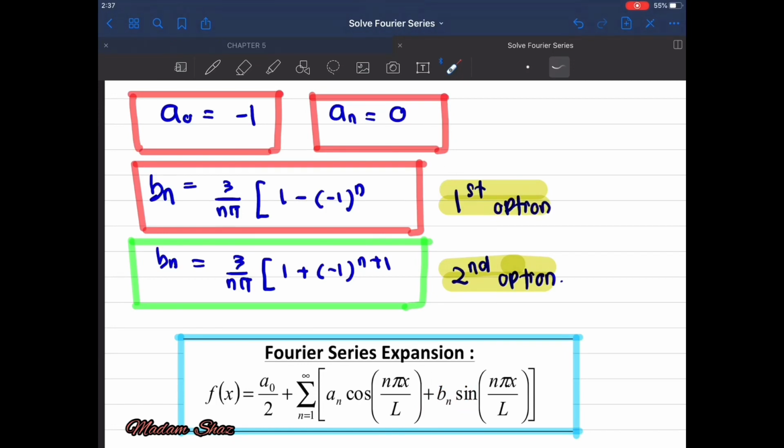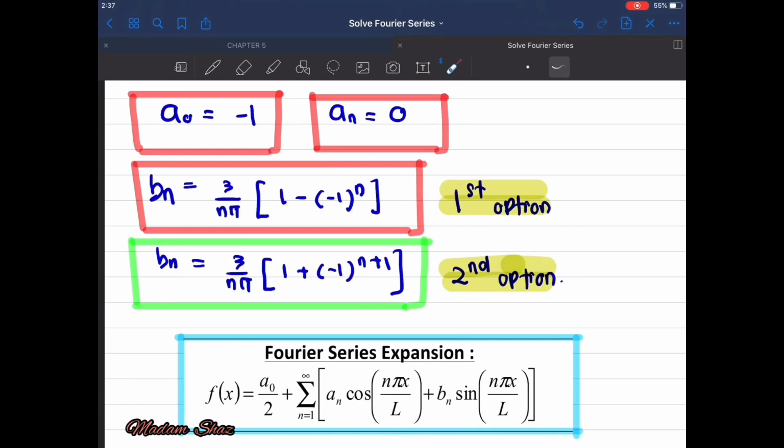Since we have simplified the value for b_n, we have a first option and a second option to write your final answer. For the first option, we do not simplify the 1 minus (-1)^n. For the second option, I have simplified the 1 minus (-1)^n, whereby it becomes 1 plus (-1)^(n+1).